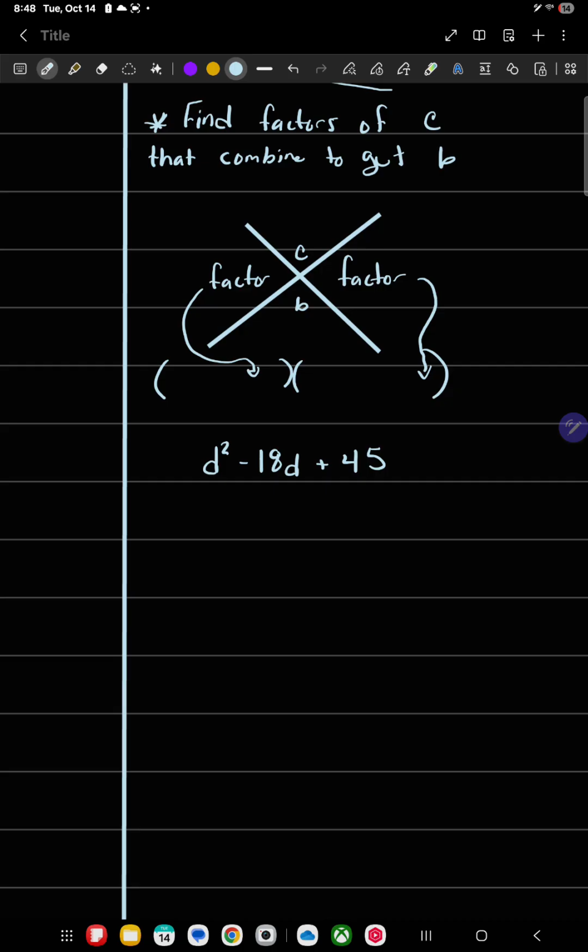All right. So it is a trinomial. And if I look here in the front, my A term is 1. If one student wants to have the 1 there, they'll go ahead and do this. Draw your parentheses and go ahead and draw the cross. I'm cool with that.